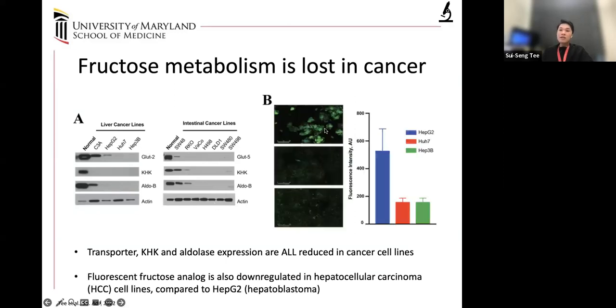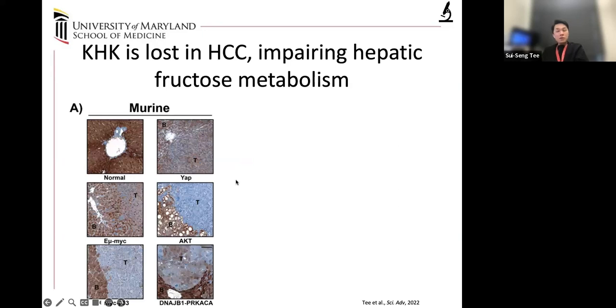We also measured this functionally, using a fluorescent analog of fructose. As we can see in HepG2 cells, the hepatoma cell line, there is still some ability to take up fructose, which is lost in HCC. I was at Sloan Kettering at the time, so we were very lucky to have Scott Lowe, who is an expert in generating liver cancer models. Regardless of the genetic background of the cancer, it seems that most of these cancers exclude KHK expression.